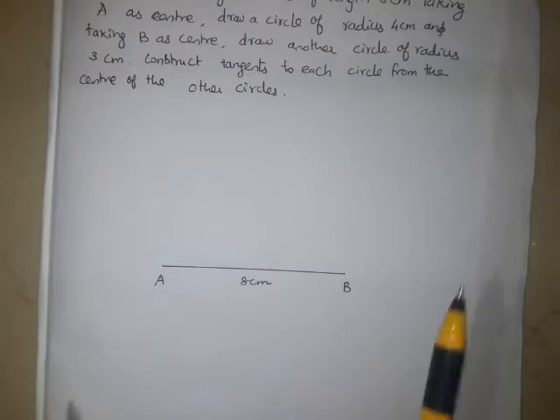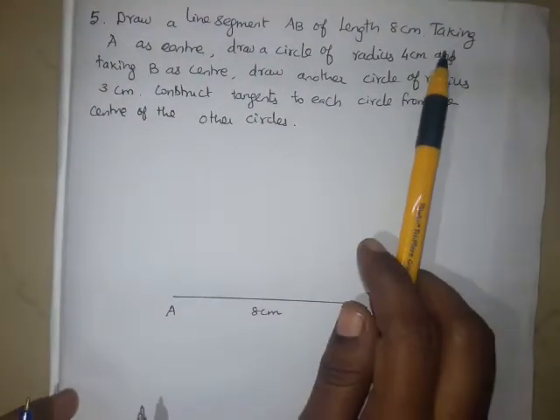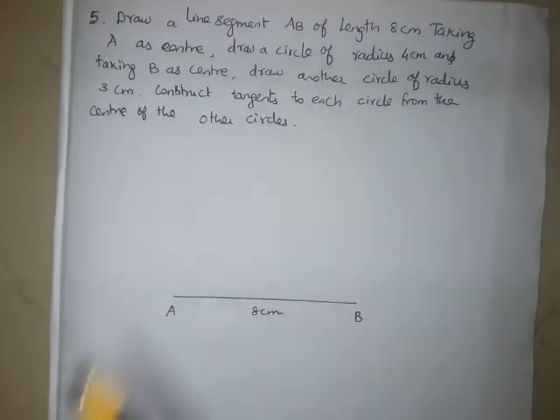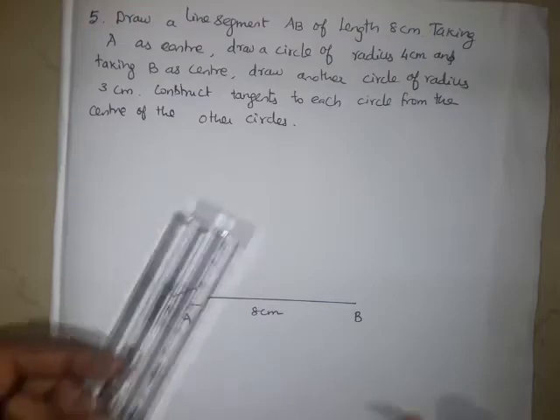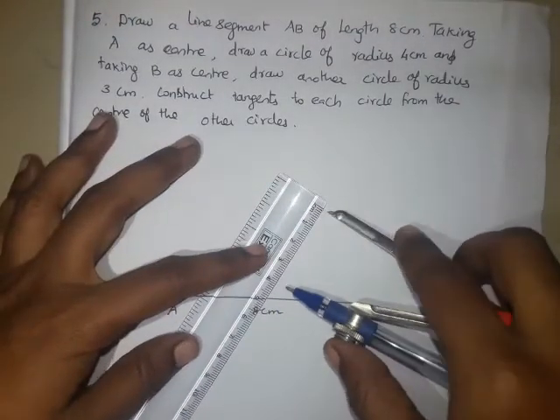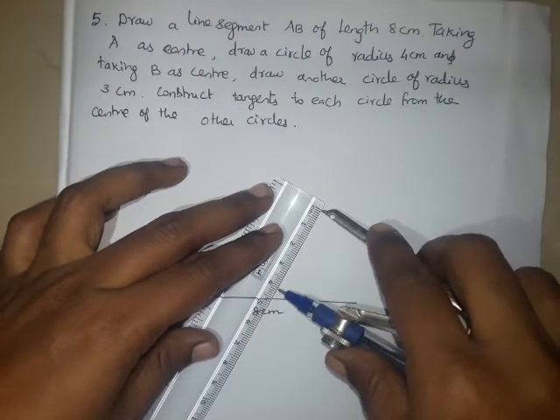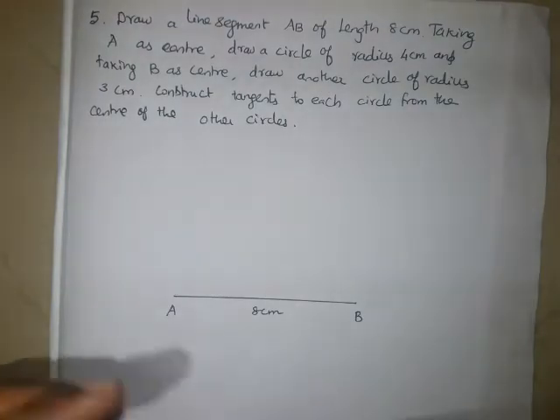Now see the second line of your question. A as a center, draw a circle of radius 4 centimeter. Now measure 4 centimeter. Now this is 4 centimeter measurement.